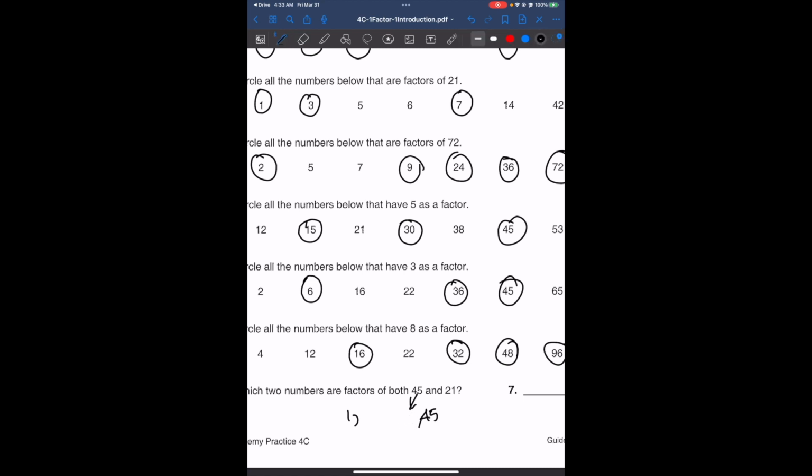Before that, we have 3 and 15, and we have 5 and 9. For 21, we have 3 and 7.